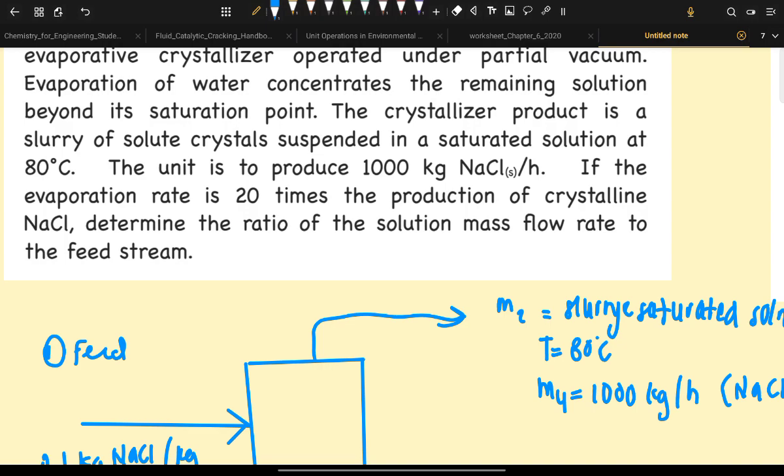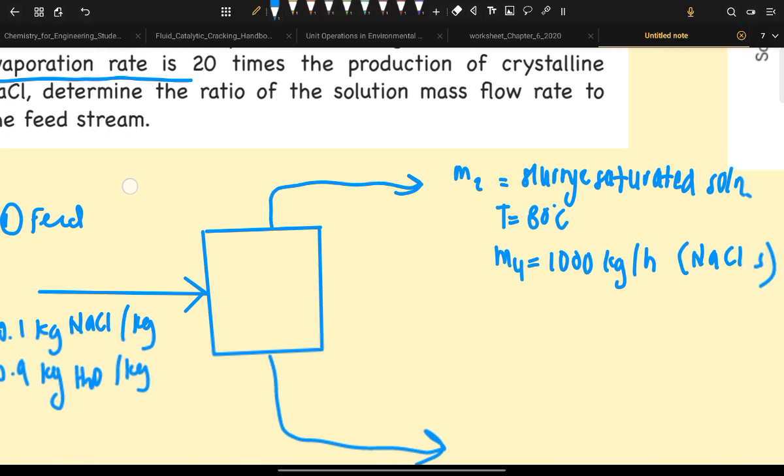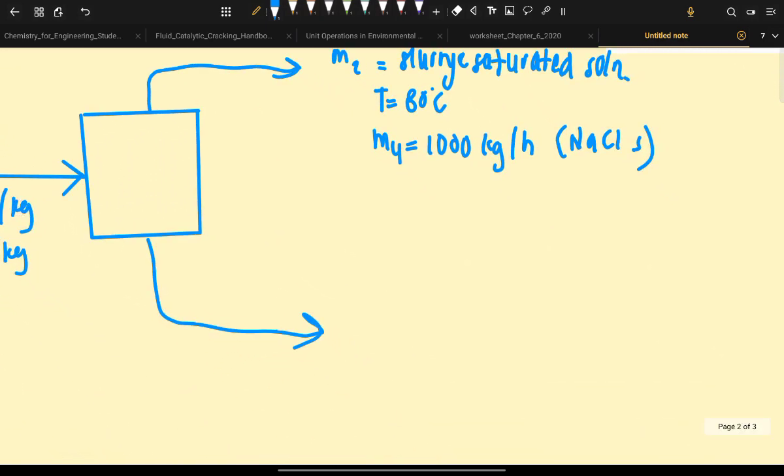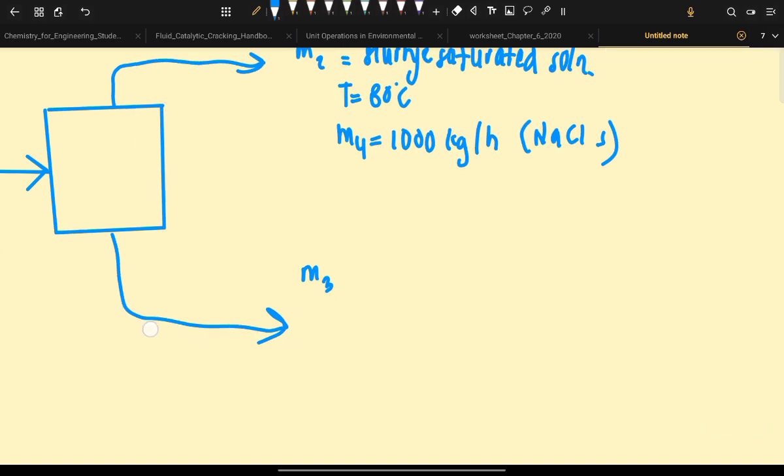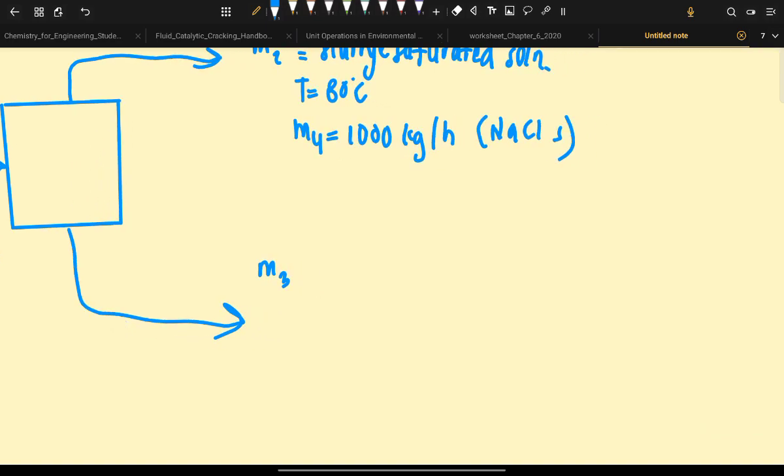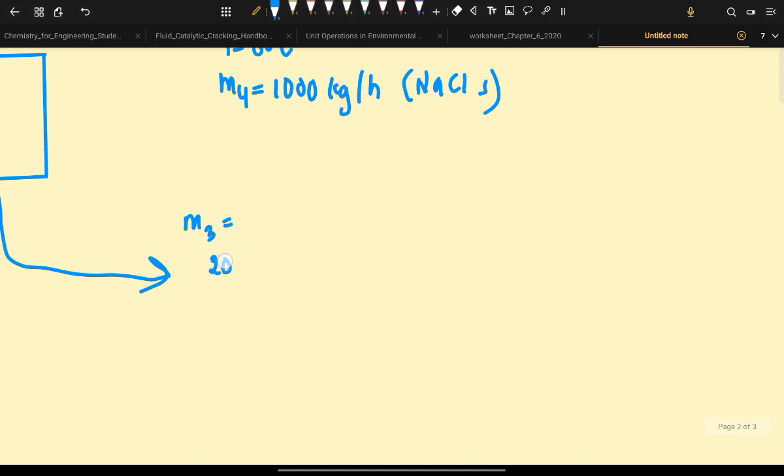the evaporation rate gives the hint that we have another stream, where we remove the water. So M3 for H2O removed, we don't know how much, but they said 20 times the production of NaCl crystals, so solid.